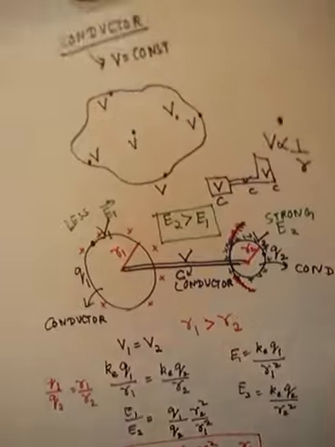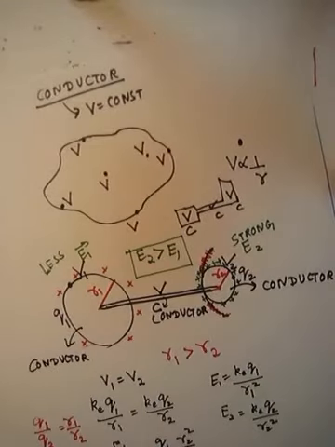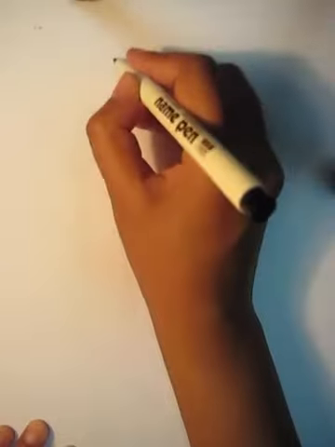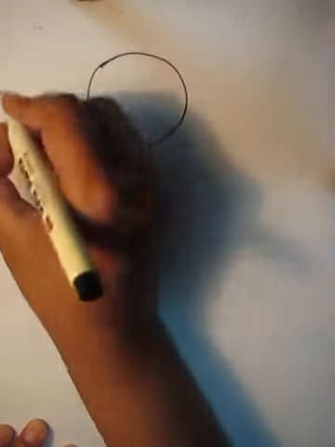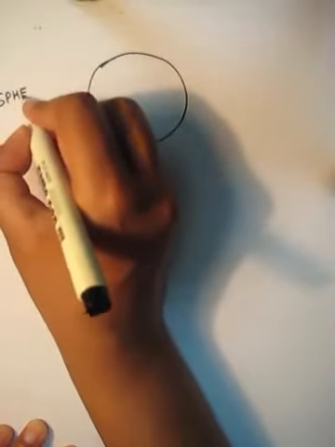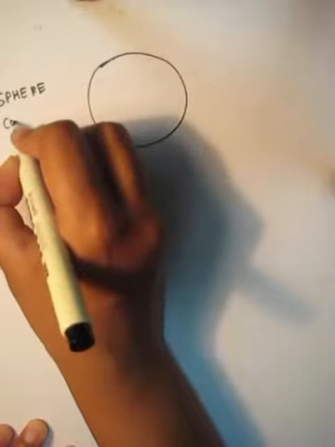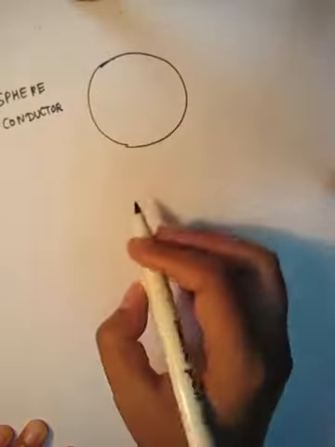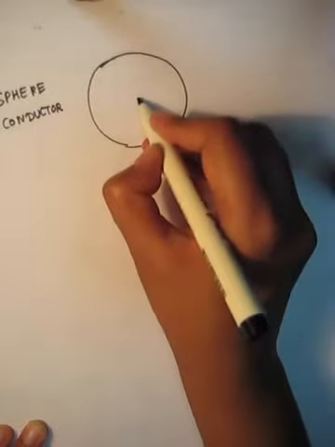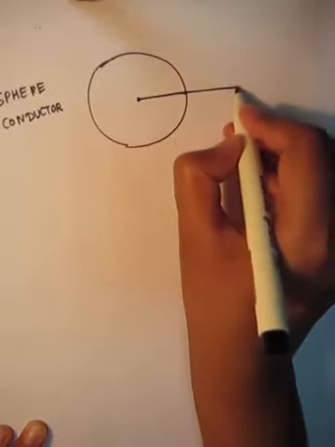Also, I would like to revise with you how the potential varies with distance if it is a spherical conductor. Suppose now you have a conductor which is a sphere, and it is a conductor. So you know how the potential will change.